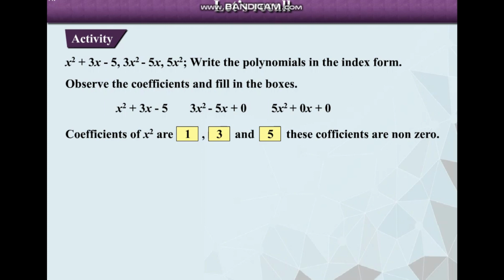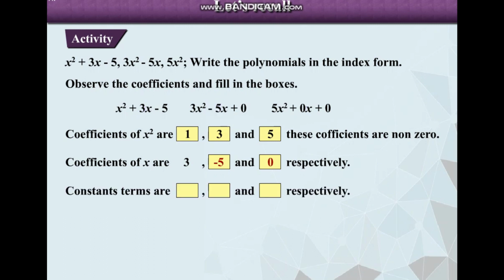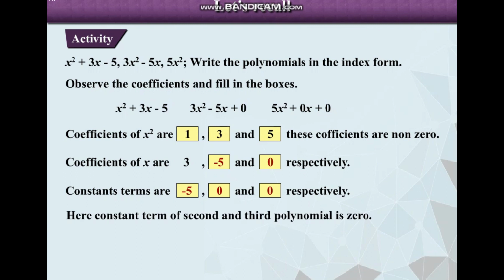Coefficients of x square are 1, 3 and 5. These coefficients are non-zero. Coefficients of x are 3, minus 5 and 0 respectively. Constant terms are minus 5, 0 and 0 respectively. Here, the constant term of the second and third polynomial is 0.